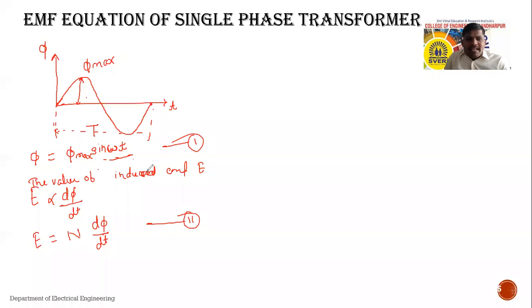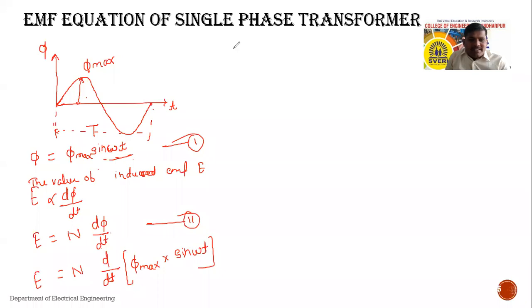Now put the value of equation 1 in equation 2, that means we put the value of phi here. So the equation becomes E is equal to n d by dt, and the value of phi is nothing but phi max into sin omega t.